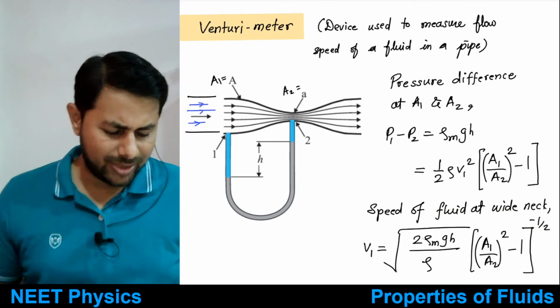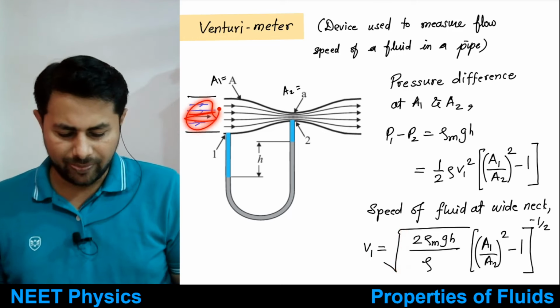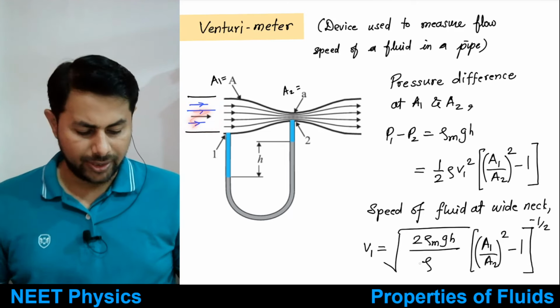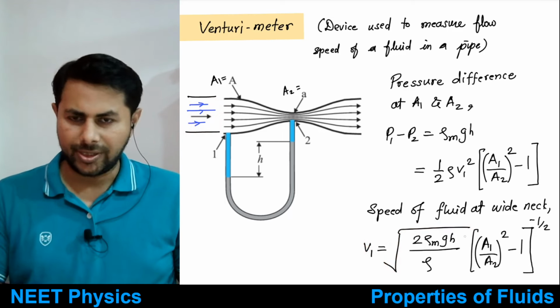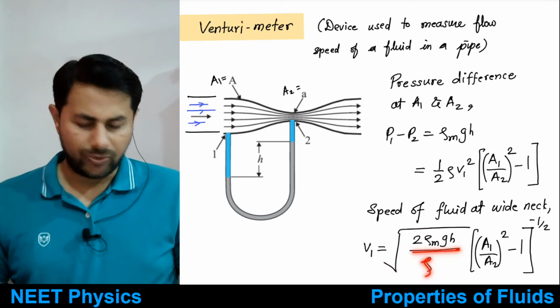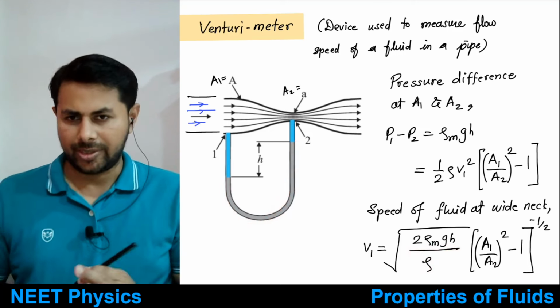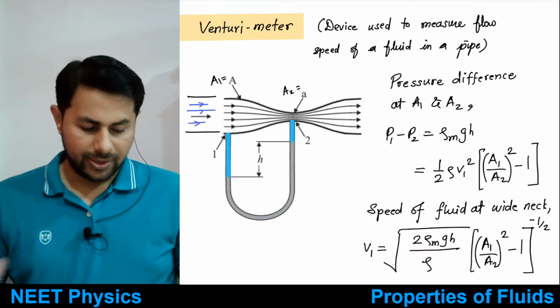I mean, this formula you don't need to remember. So see, V1 is the speed of the fluid at this end. V1 would be equal to the square root of 2 rho m g h divided by rho, times (A1 by A2) squared minus 1, raised to minus half, meaning this term would be in the denominator. What is rho m? It is the density of the liquid that is used in the Venturi meter. And rho is the density of this liquid.